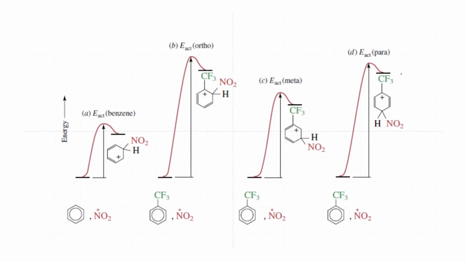Similarly, in the para, we already discussed that one of the resonance forms has a positive charge next to the CF3, and therefore this also is going to be quite unstable. Lastly, the meta intermediate is somewhat more stable compared to the ortho and para, and therefore the barrier to cross for the meta is lower than that of ortho and para.